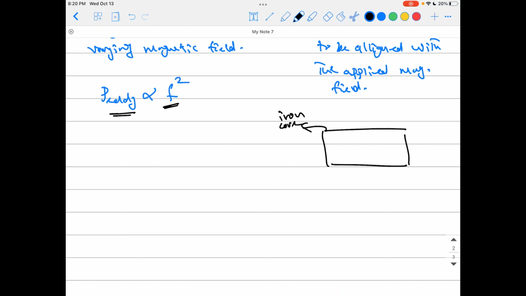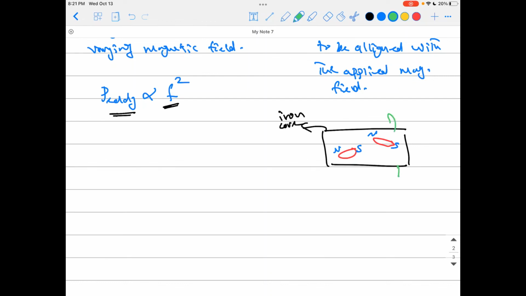Because they are different polarities, each two of them are attracted together, so you have some sort of a north and a south pole like this. That's the internal construction of the material itself. They are just very, very small.